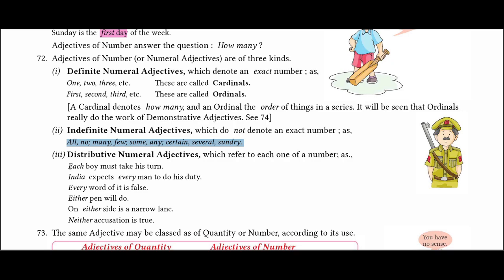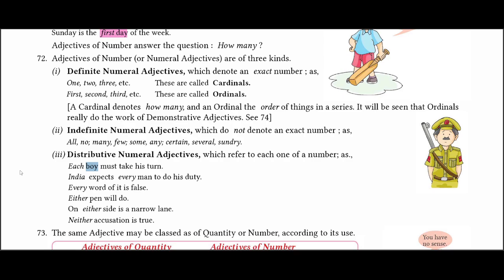Now look at this sentence. Each boy must take his turn. Boy is a noun, and morphologically it seems to be a singular number. But if you read the sentence, you will notice that it's not one boy, it's a group of boys.